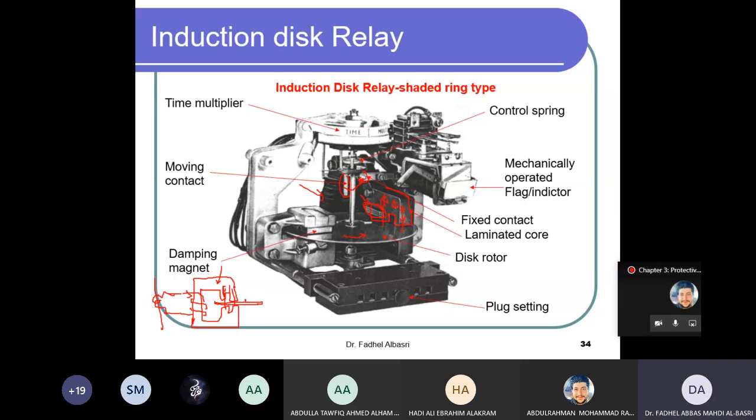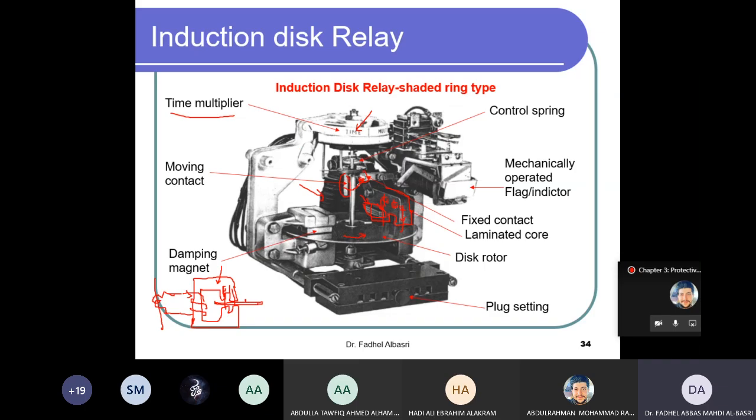This is the disk, which moves around this axis. On the top, I can move this for controlling timing. We call it the time multiplier. These are the time settings.